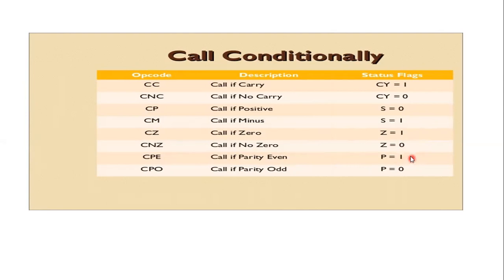When the parity is even, that is P equal to 1, then we use the CPE opcode. Then CPO, call if parity odd, that is the parity flag is 0, then we use the instruction CPO.